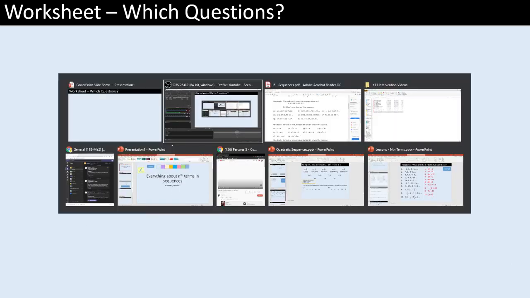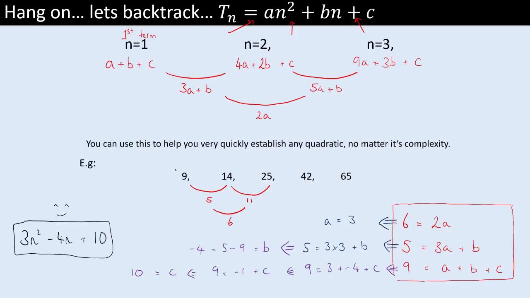Okay. So I'm going to get the worksheet up on my other screen here. So the questions that I want us to look at from the worksheet are question 2, question 3, question 7, and then if you're looking for more, I will go for question 8.